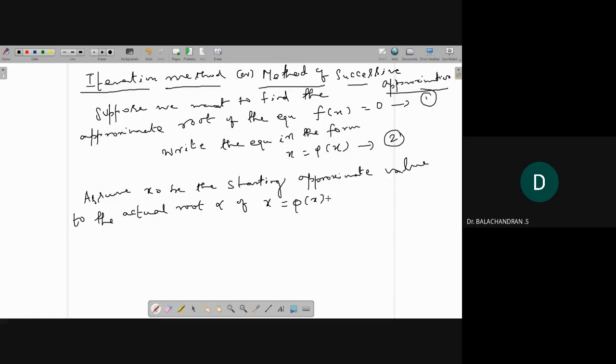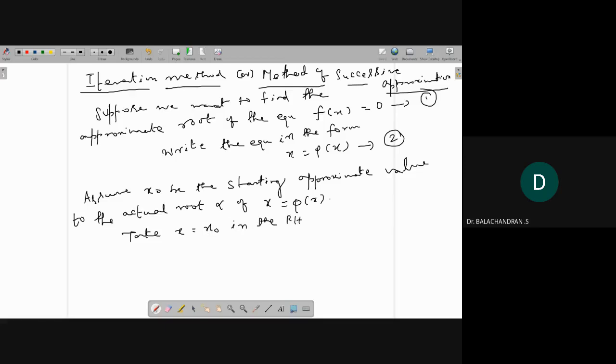Now let us take x is equal to x naught in the right hand side of equation 2.